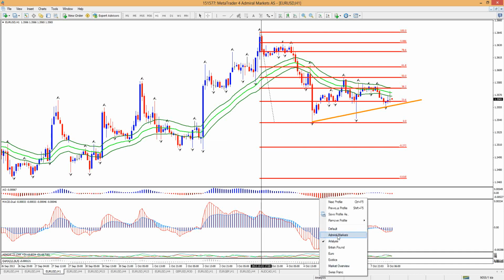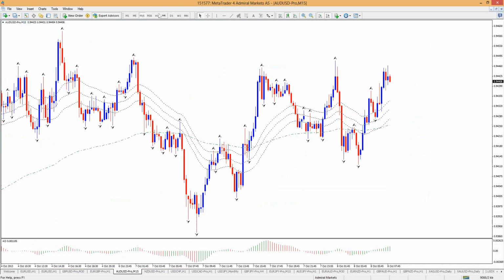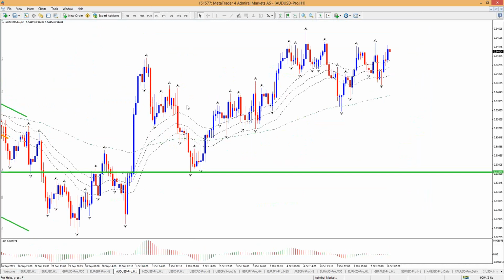And go to the euro pound. This is MT4, by the way. Okay, I opened the odd dollar here. So let's start with that one because that is a potential setup as well.